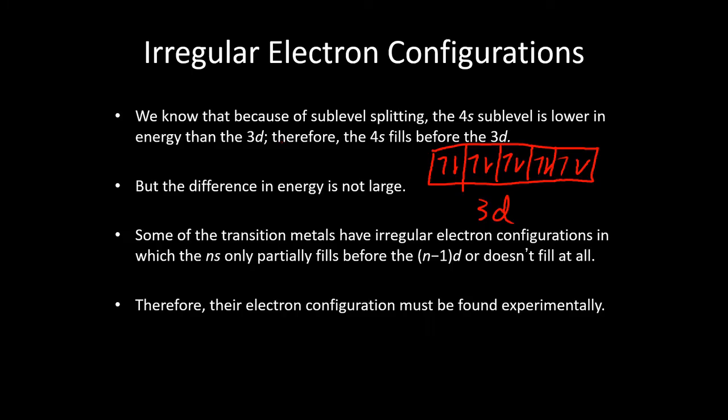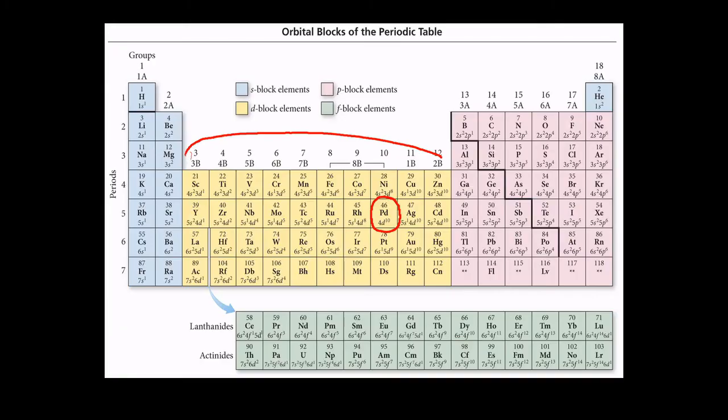Thankfully for you, I do not expect you to have these irregular configurations memorized, because you would essentially just have to memorize them, because even the irregularities are not regular. You can see, like here, for example, chromium pulls 1 electron out of the s orbital up to give a half full d. Same thing with molybdenum.